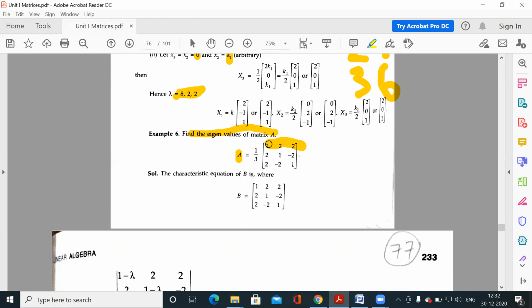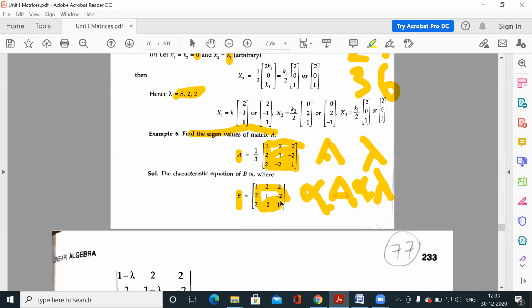So if you find the eigenvalues of this matrix, without this 1 by 3, suppose this is your B matrix, then A is equal to 1 by 3 into B. So if you know the eigenvalues of the B matrix, then multiplying those eigenvalues by 1 by 3, you will get the eigenvalues of A. The property: if A has eigenvalue lambda, then alpha A has eigenvalue alpha lambda.